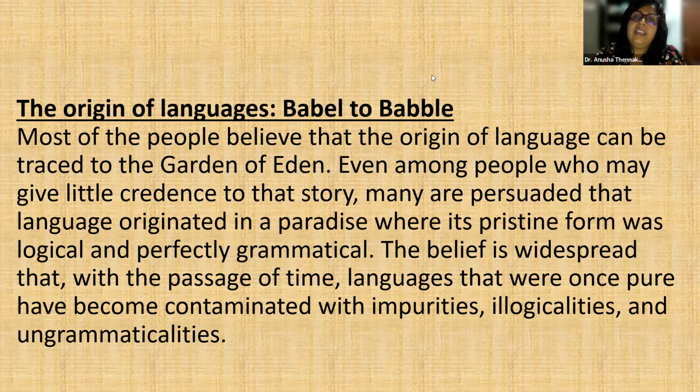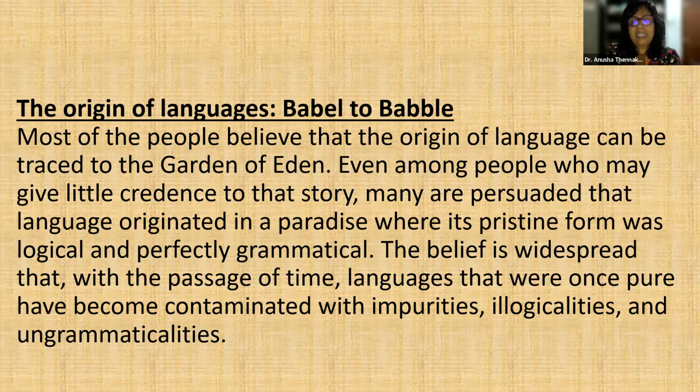So some people say the origin of language goes back to God, somewhere around the Garden of Eden, Adam and Eve. The language created in paradise was very pure, perfectly grammatical and logical. But later it got contaminated.